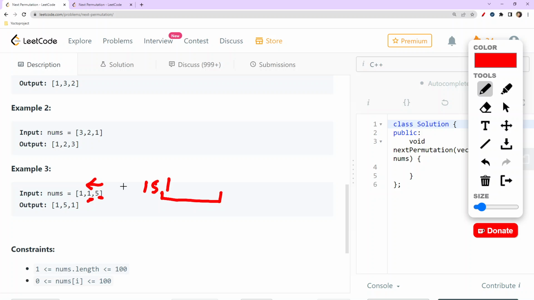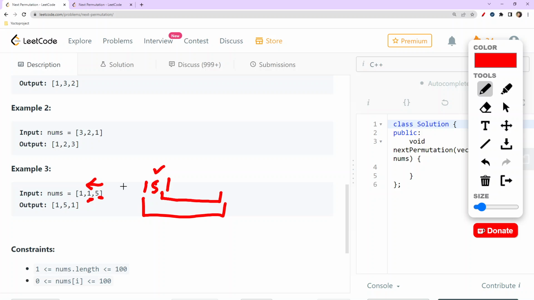That way, the new number which is formed is just the next largest permutation, not the one which is the largest of all. So that's the reason we are required to reverse here.